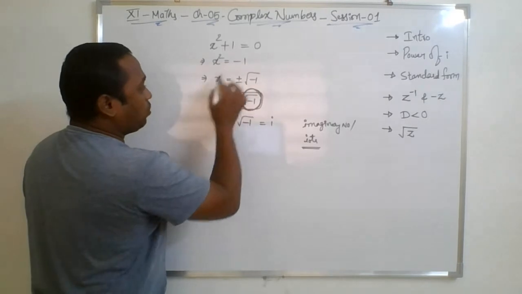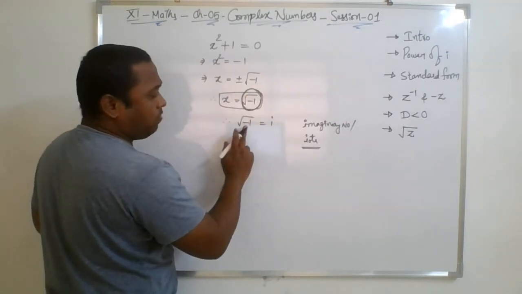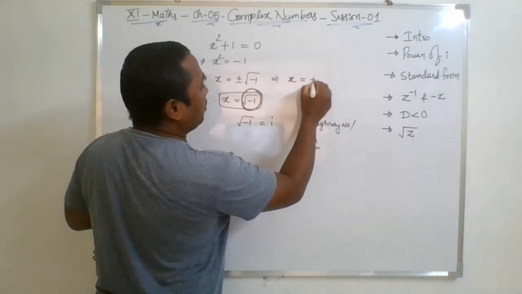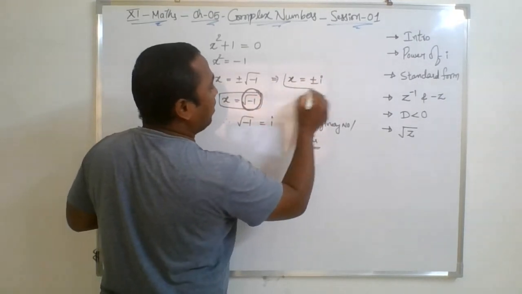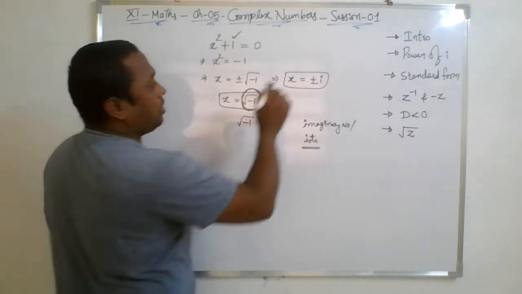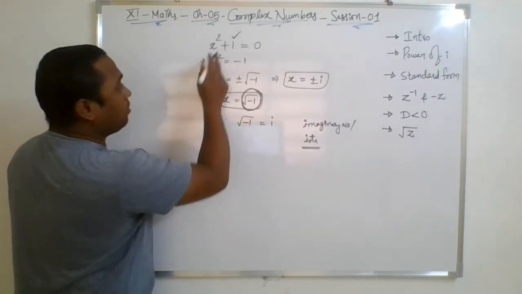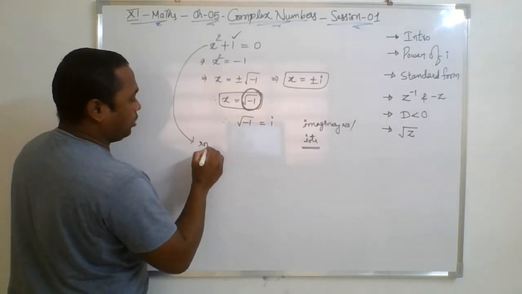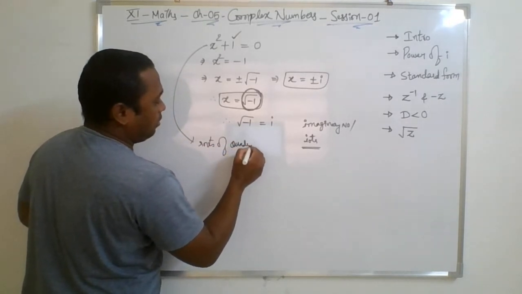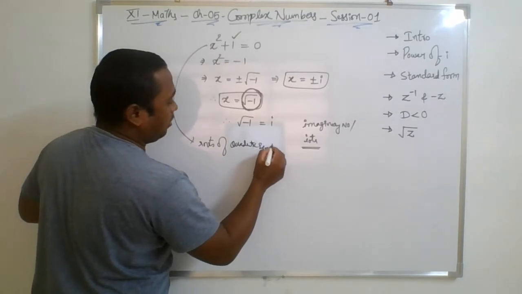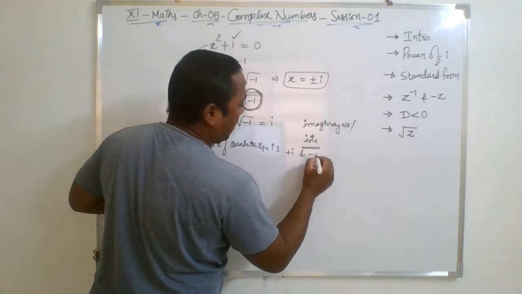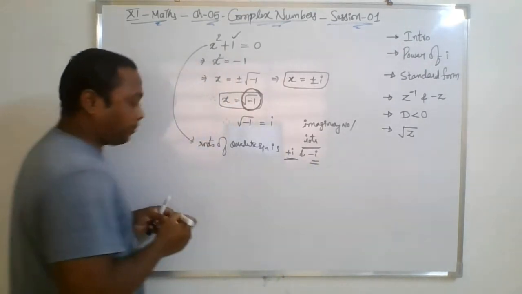Therefore, if under root of minus 1 is I, then here x is equal to plus or minus I. Hence, what are the roots of this quadratic equation? The roots of the quadratic equation are plus I and minus I. There are two roots.